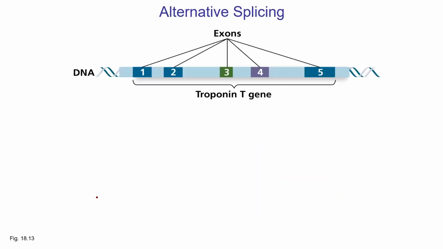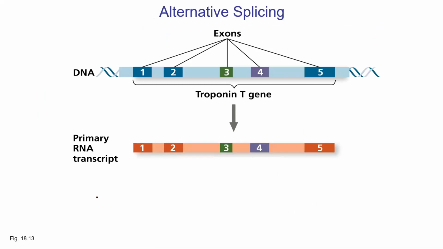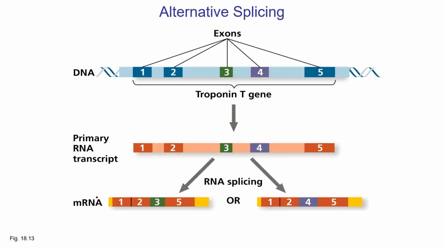So if you take a look at this gene here, this is an enzyme called troponin. I'm not exactly sure what it does, but it makes its messenger RNA. And sometimes you cut out a little bit of this, and sometimes you cut out a little of that. And so you can see in this case here, the one on the left, we've made a messenger RNA out of exon 1, 2, 3, and 5.